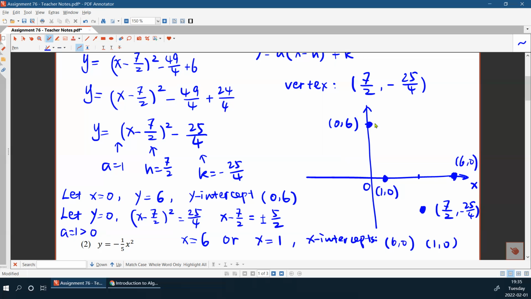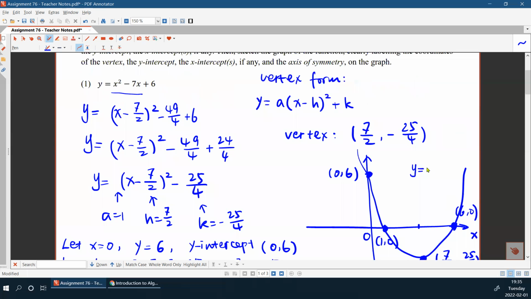That means this function is opening up, right? So the vertex is here, and opening up should have a trend like this. Okay, and usually we'll label the expression of the function next to the sketch, which is x squared minus 7x plus 6.